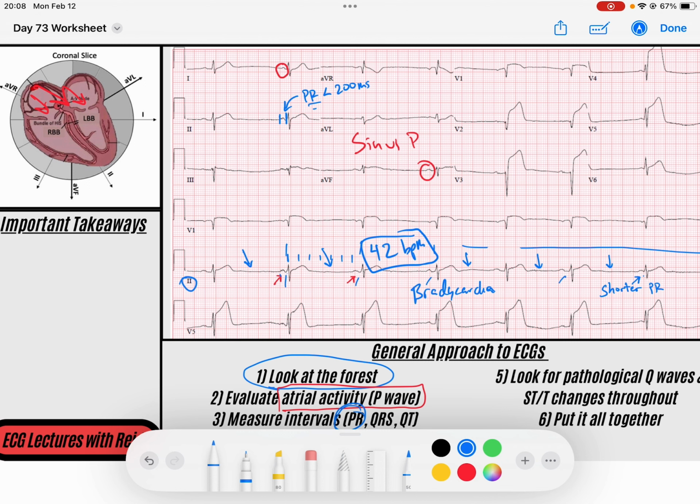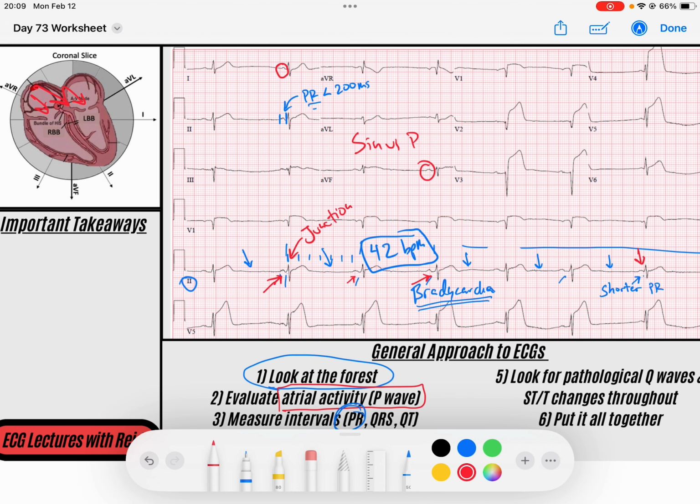And in the setting of a severe bradycardia, because it's such a slow rhythm, we might be seeing some junctional escape beats. And so the QRSs that are actually conducted with short PR intervals, which would be this one, and this one, and maybe even this one, it's questionable.